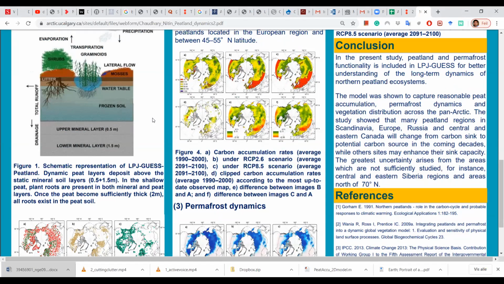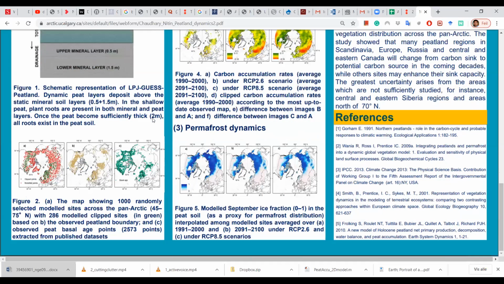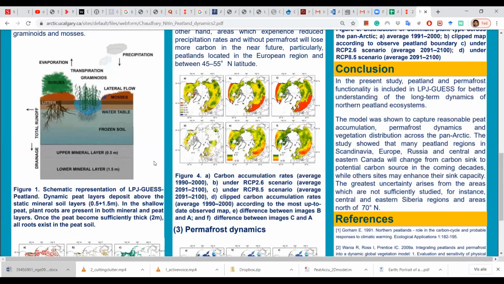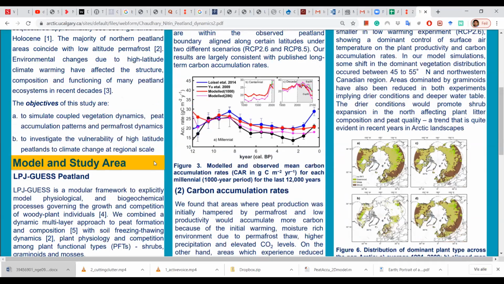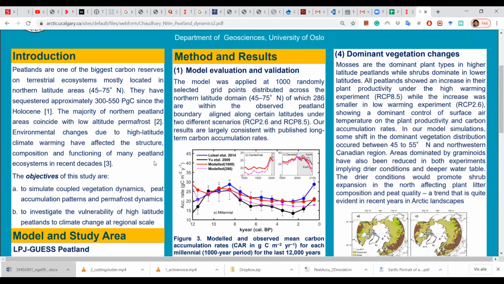Once we were satisfied that the model is doing a reasonable job, we applied it across the Pan-Arctic, for 1,000 randomly selected points. We constrained our model using the observed basal age points, and now our model knows when peat accumulation starts across the Pan-Arctic. So we did some simulations in the present and in the past.